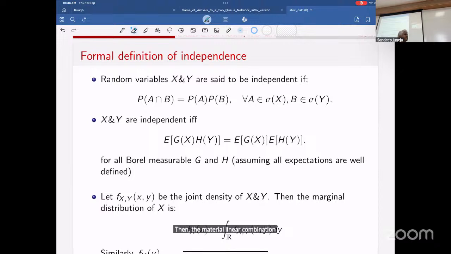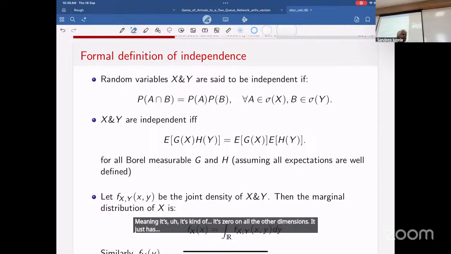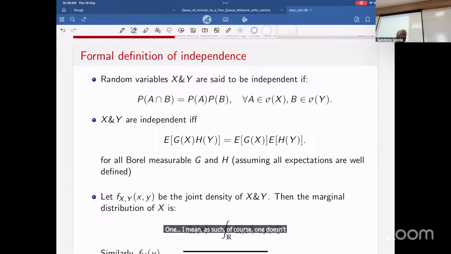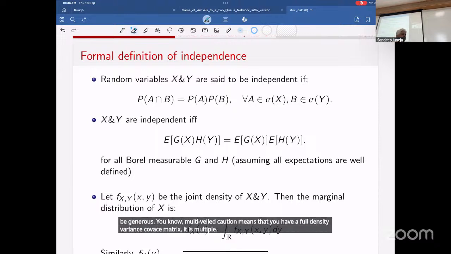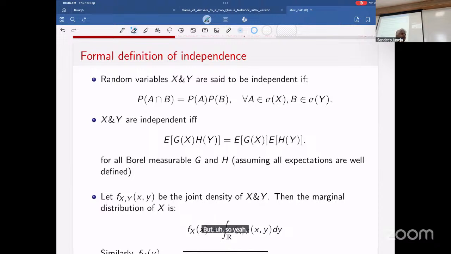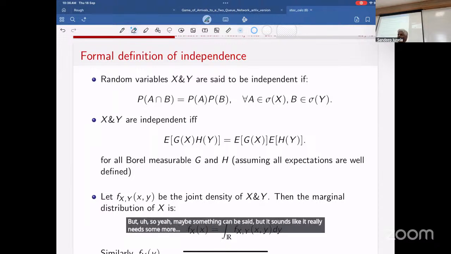That makes sense. What is degenerate? Meaning it's zero on all the other dimensions. As such, of course, one doesn't define multivariate Gaussian to be degenerate. Multivariate Gaussian means that you have a full density, the variance covariance matrix is invertible. But yeah, maybe something can be said, but it sounds like it needs some more refinement.